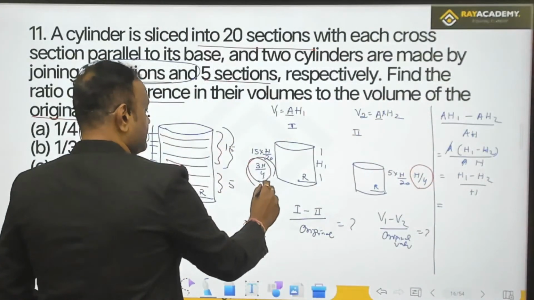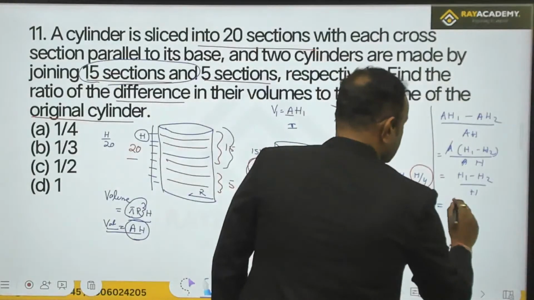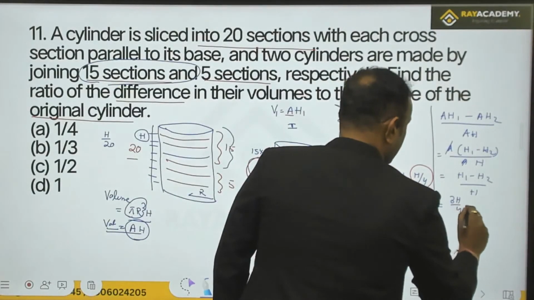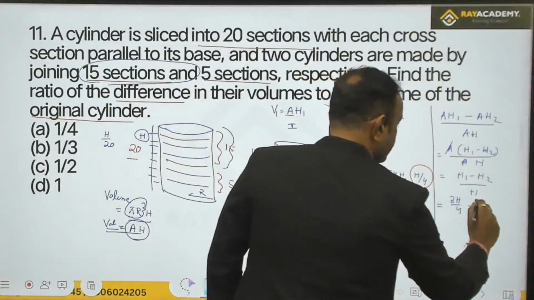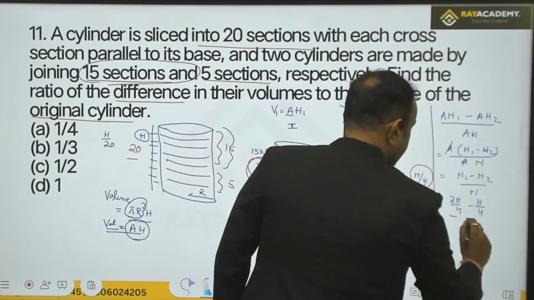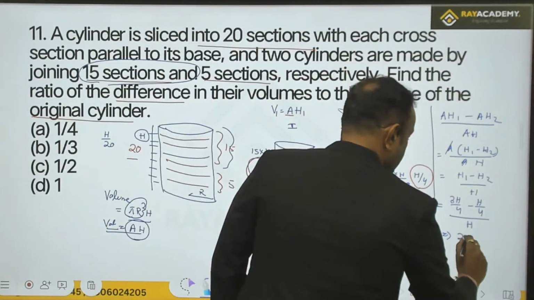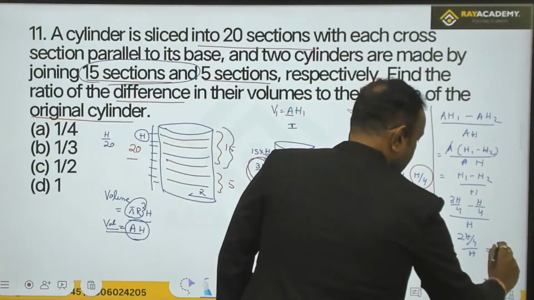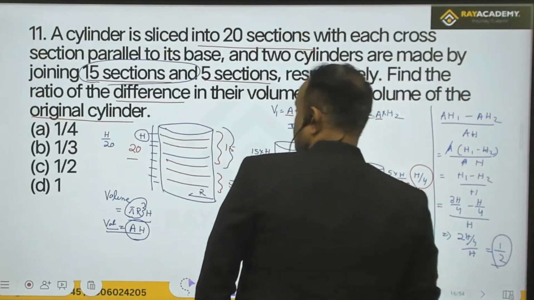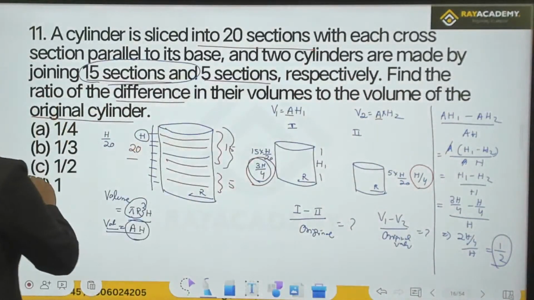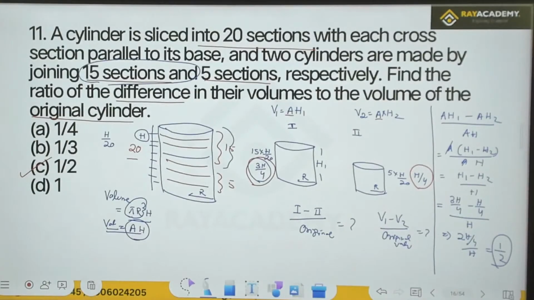H1 we found to be 3h by 4. What is H2? That is h by 4, divided by h. So solving, it becomes 2h by 4 by h, that is half. So the answer will be half. Is it clear?